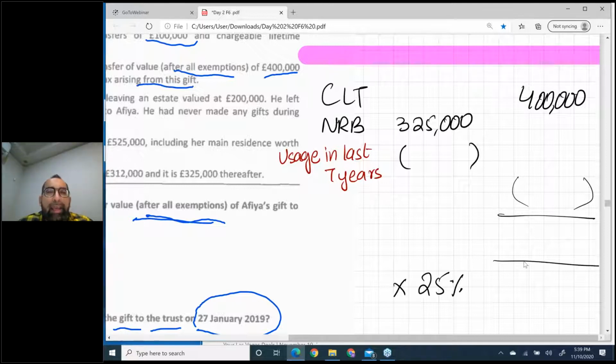And in the last 7 years, you calculated tax on something. There was some CLT, we just read in the question, and that CLT was 120,000. So you have to reduce your NRB by 120,000. So 325,000 less 120,000 is 205,000.